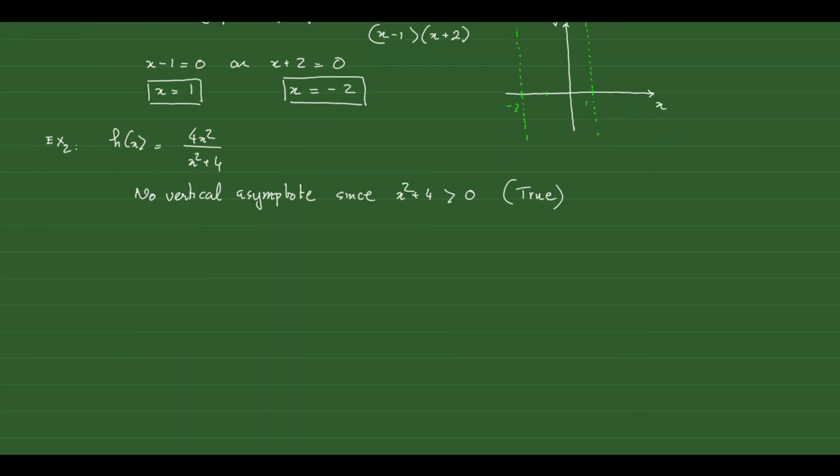Example number 3. I have k of x equal to (x minus 4) over (x minus 2) times (3x squared plus 5x minus 2).